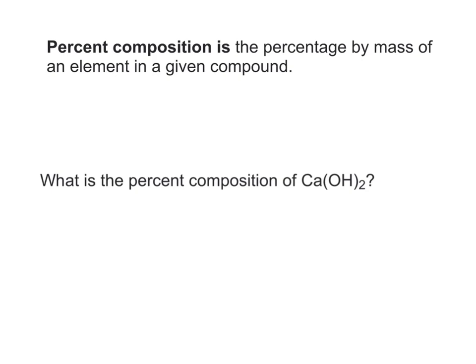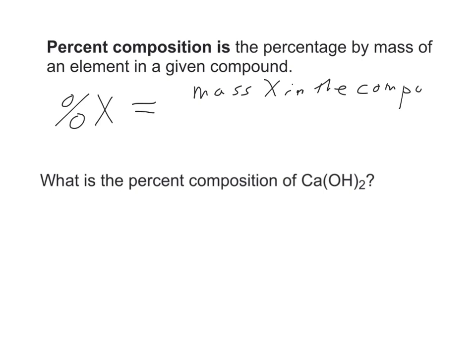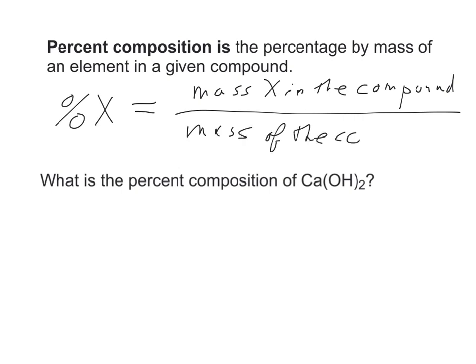And in case you've forgotten from algebra class, the percentage of element X in a given compound would be the mass of X in the compound divided by the mass of the compound.